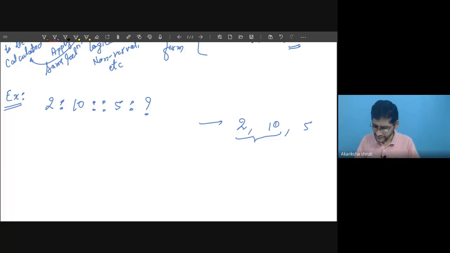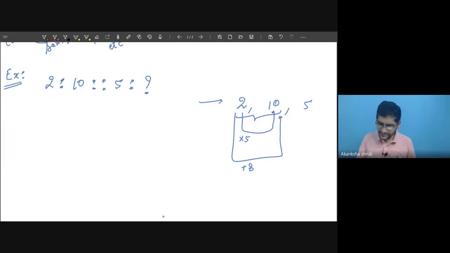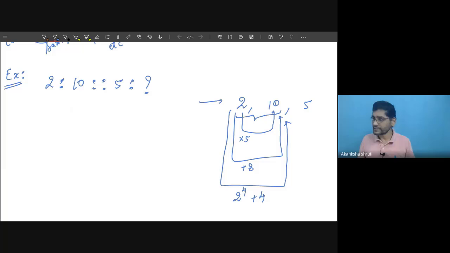What could be the relation? It may be possible that this 2 is multiplied by 5 to get this 10. It may be possible that this 2 is added with 8 to get this 10. So there are various kinds of relation. It may be possible that this 2 is taken with the power 4 and added with 4. 2 to the power 4 is 16, adding 4.